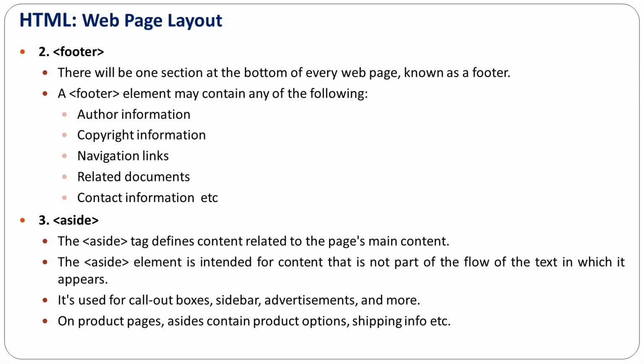It is not directly a part of the text that flows in the main content. It is used for call out boxes, sidebars, advertisements and many more. Such kind of information is placed using the aside tag. On product pages, aside contains product options, shipping info, etc.